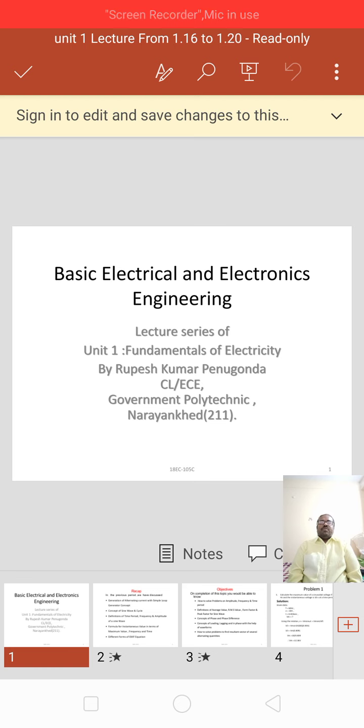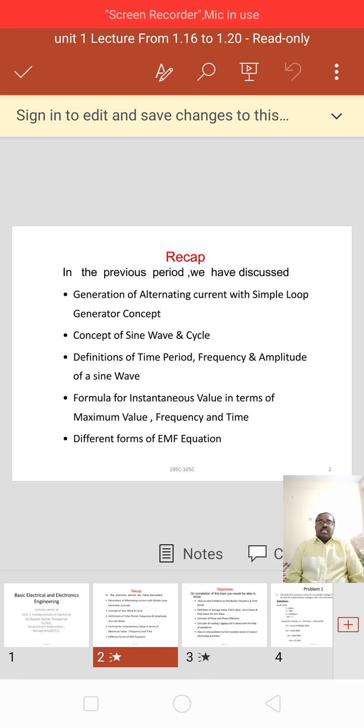As we learned in previous classes, the generation of alternating current with the simple loop generator concept, as well as the concept of sine wave and cycle, definitions of time period, frequency and amplitude of the sine wave, the formula for instantaneous value in terms of maximum value, frequency and time period, and last but not the least, different forms of the EMF equation.